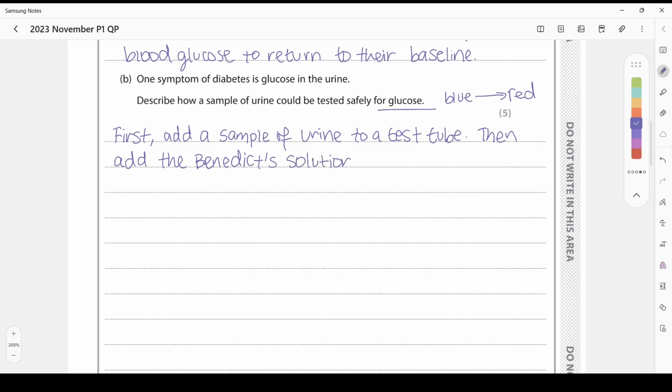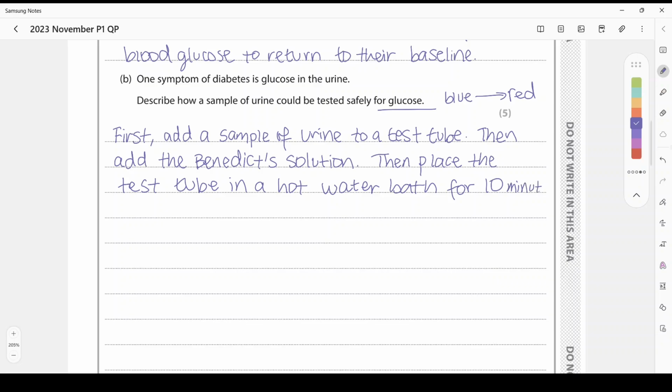You can say solution or you can say reagent, it's the same thing. Then place the test tube in a hot water bath for 10 minutes. You don't have to specify how long, I'm just writing how long it takes.